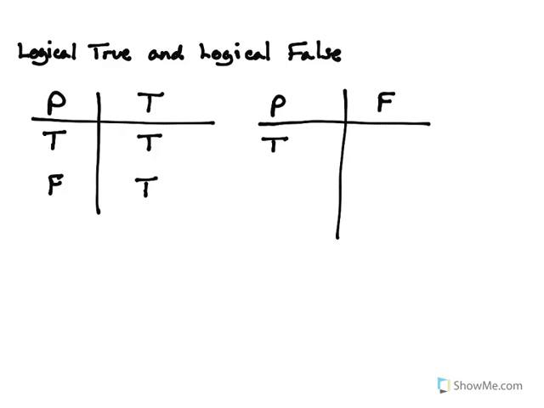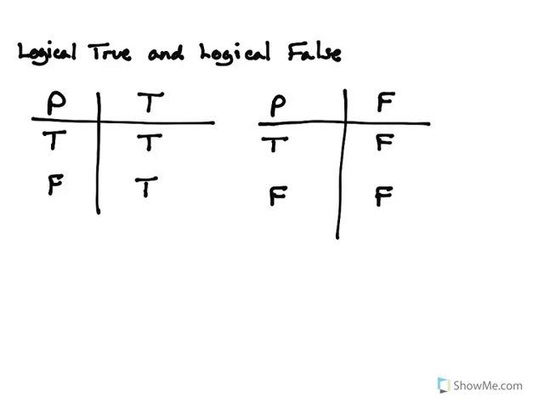So if the proposition is true, logically false will make it false. You can have something that is always logically false no matter what the proposition is, and you can have something logically true no matter what the proposition is.